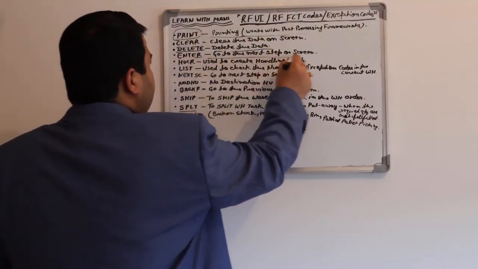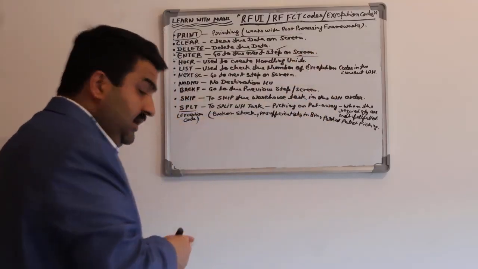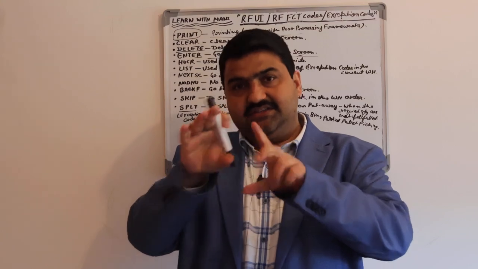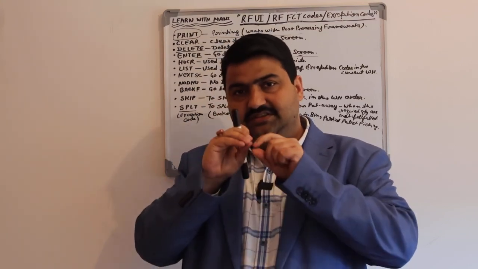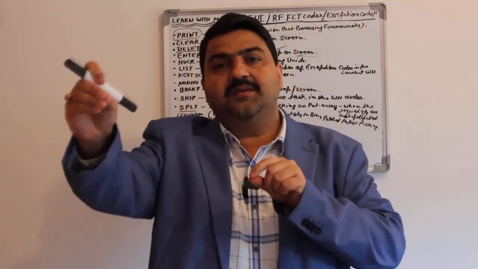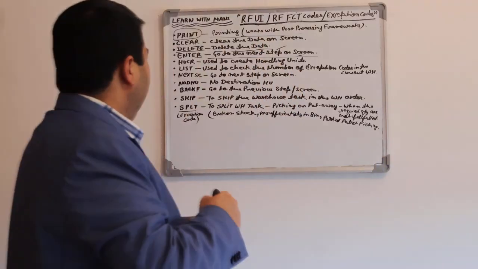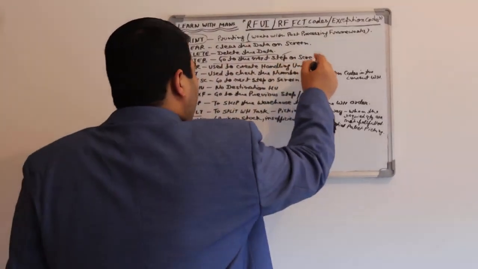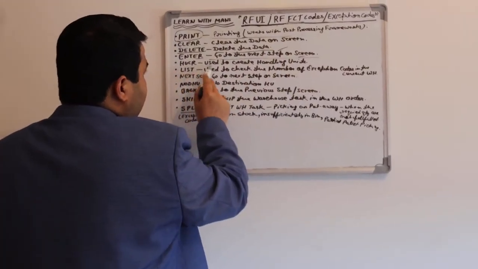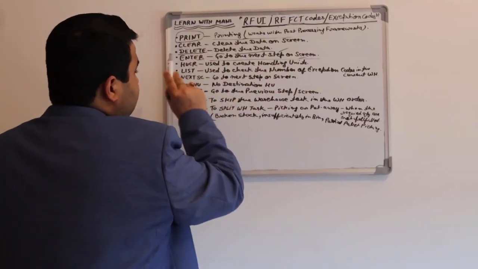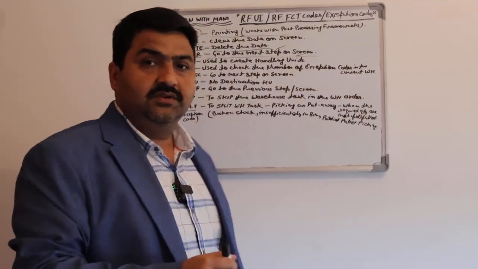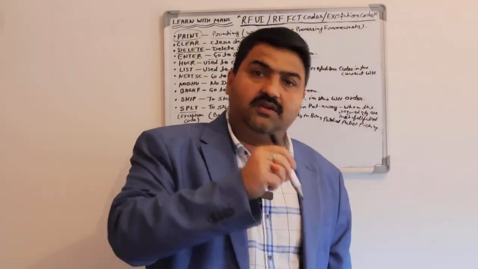ENTER we use to go to the next step on screen. Whenever we click on a particular RF screen, the next screen comes into the picture and the present screen is hidden, step after step. So enter means go to the next step or screen. HUCR is used to create the handling unit. LIST is used to check the number of exception codes in the current warehouse in which I have logged in.